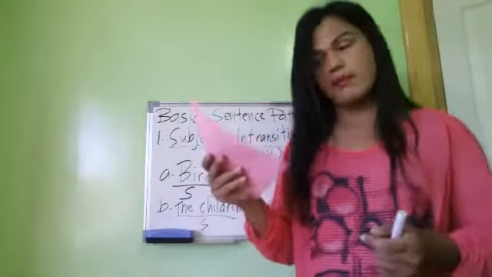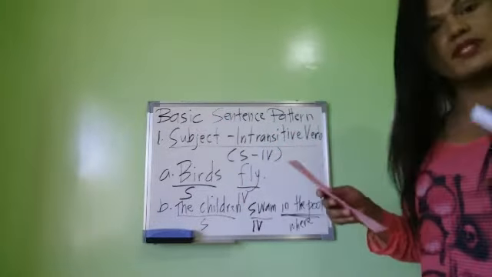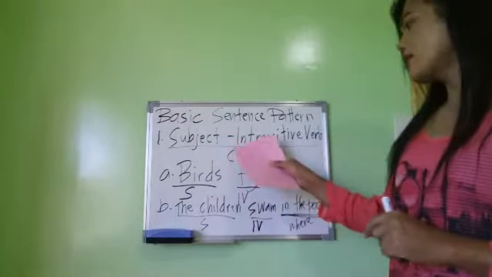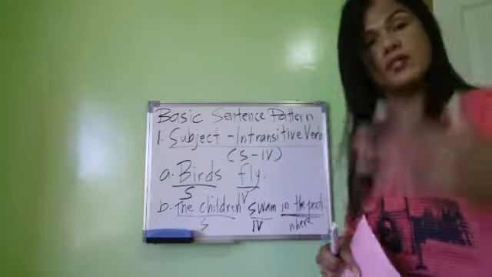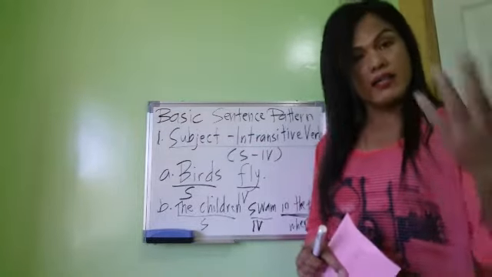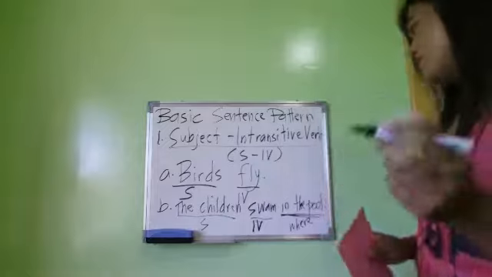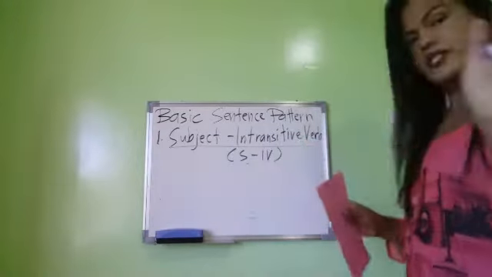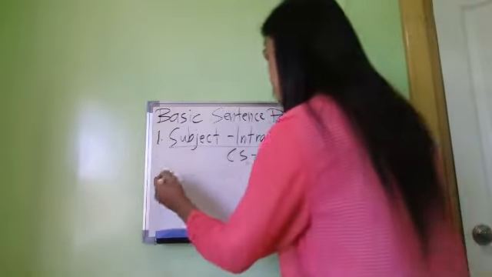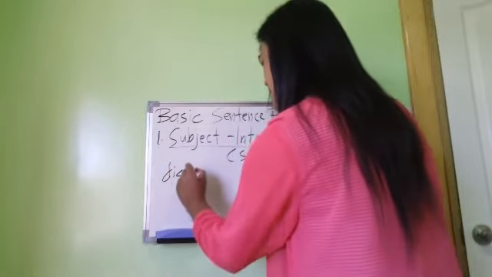I have some notes here. I'm going to give you some examples of verbs that you can use under intransitive verbs, but you can also use other verbs if you want. These are some of the example verbs that you can use. First is disappear.